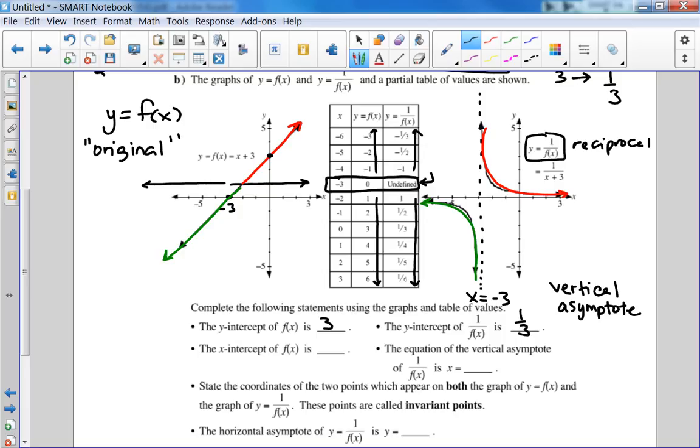The x-intercept of f at x is -3. And then it gives you the equation of the vertical asymptote. And remember, vertical lines have equations x equals. So when x equals -3, you get that vertical line. Let me do that in purple. Okay, and that's this here.